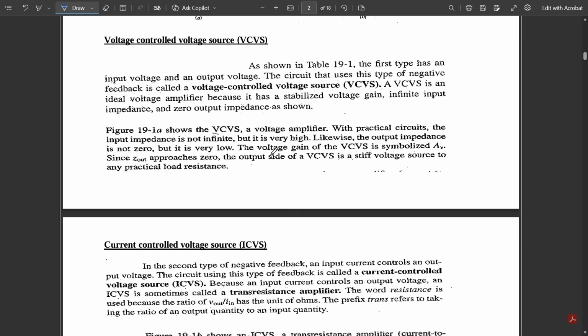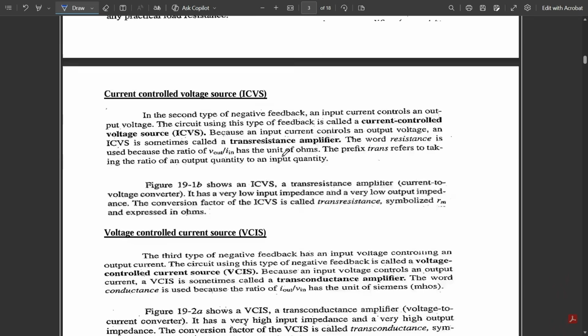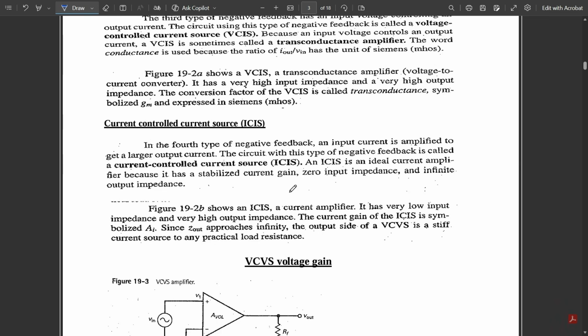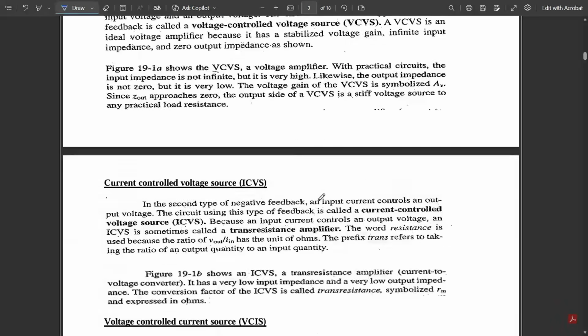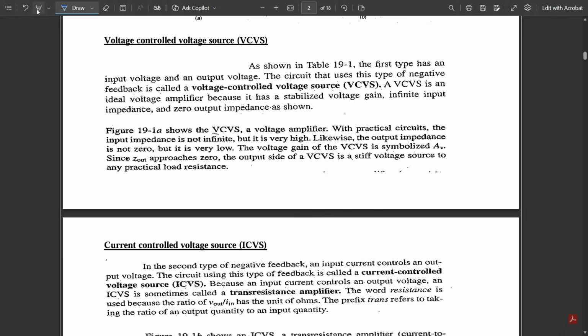Voltage controlled voltage source, current controlled voltage source, voltage controlled current source, and current controlled current source, one by one. Let us see the definitions now, starting with the voltage controlled voltage source. As shown in the above table, the first type has an input voltage and an output voltage. The circuit that uses this type of negative feedback amplifier is called a voltage controlled voltage source.